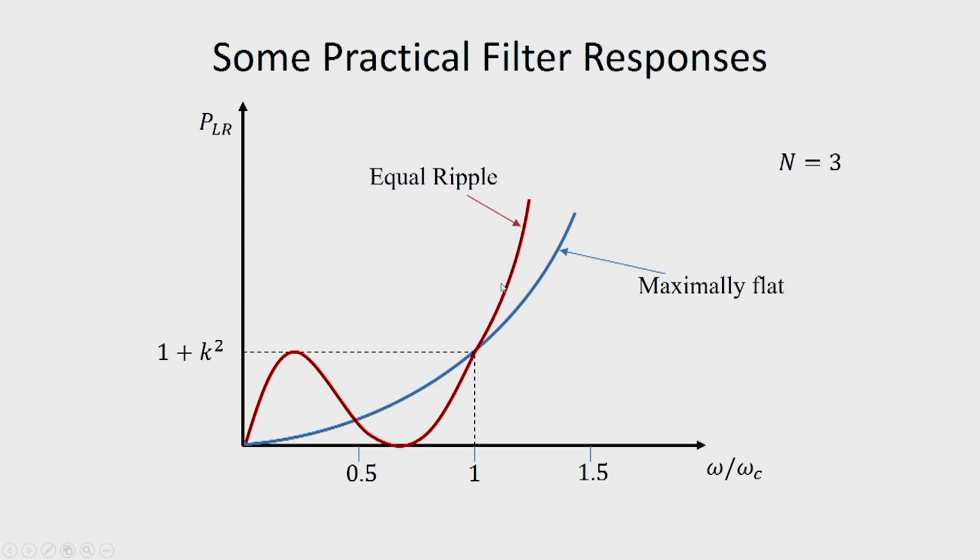Also for the equiripple case, at this passband edge it becomes 1 plus k square, but here we see oscillation within the passband, whereas a maximally flat filter increases, the power loss ratio increases very gradually, and after the passband edge, that means for omega by omega c greater than 1, we find that the attenuation becomes much sharper or steeper for equiripple response as compared to maximally flat.